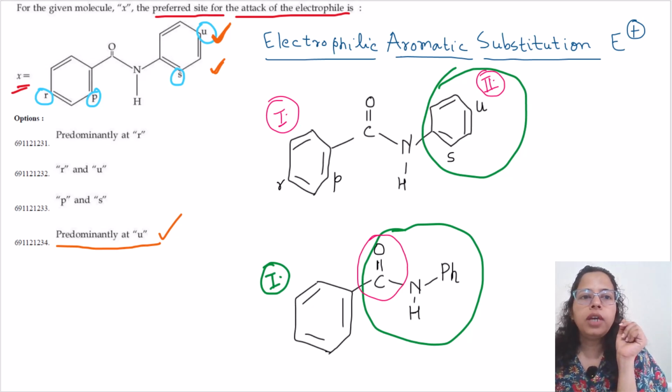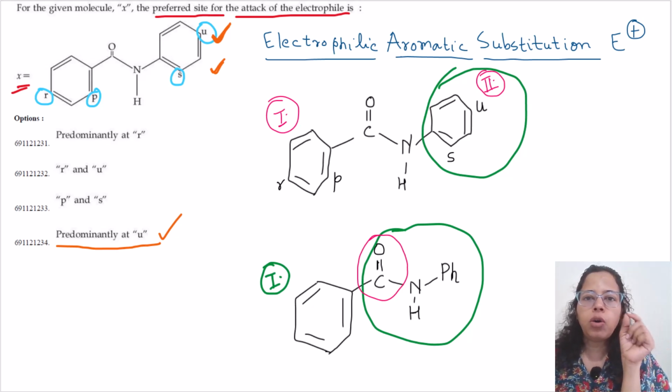We have seen that ring 1 is attached to a substituent which is electron withdrawing, so it will favor the meta position, not the ortho-para position. So R and P will come later. Initially S and U, the ortho-para positions, and among S and U, we just saw that the S position, the ortho position, is sterically hindered. So the most preferred one will be U.